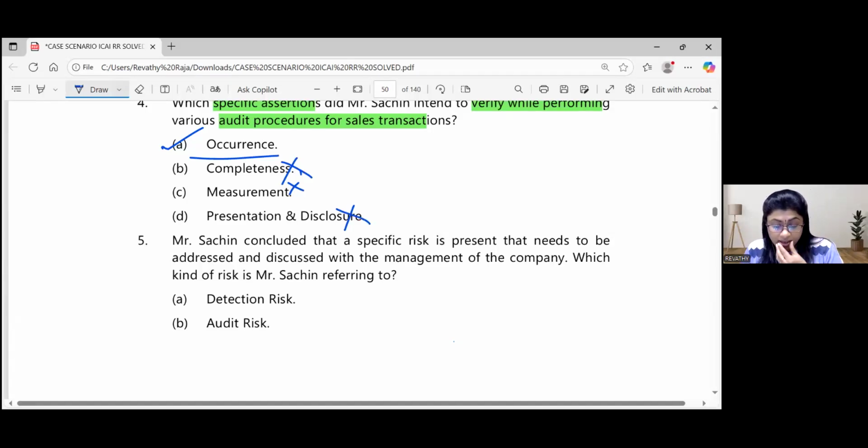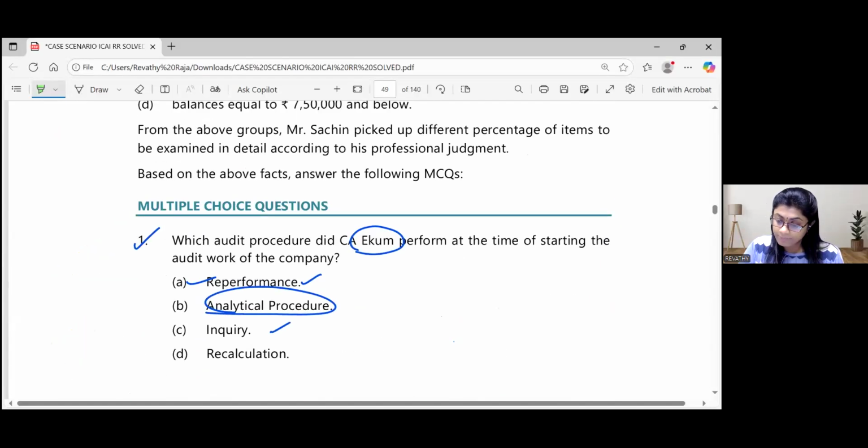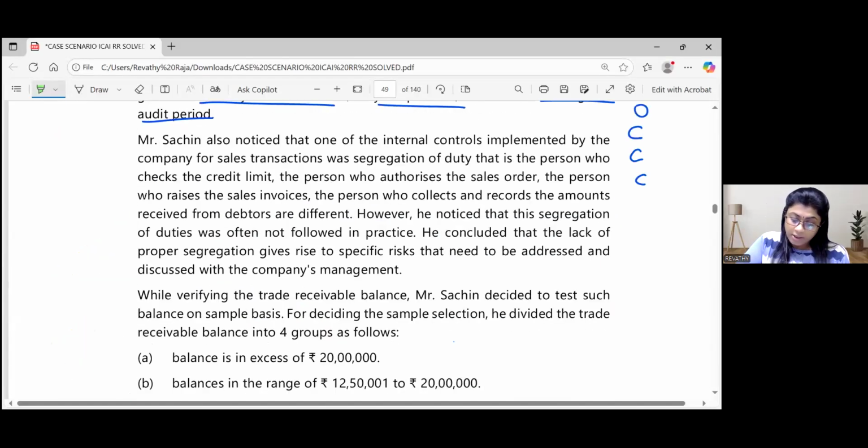Okay. Next. Mr. Sachin conducted the specific risk present that needs to be addressed and discussed to the management of the company. Which kind of risk is Mr. Sachin referring to? Where is Sachin? A lot of time we are referring back. Here.